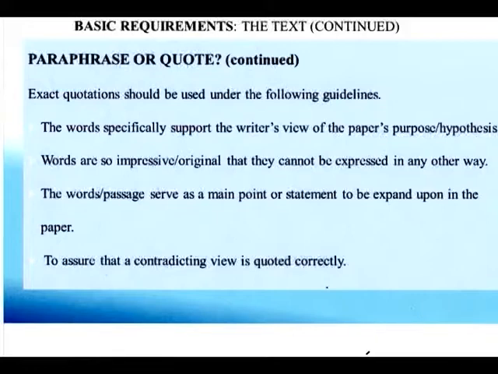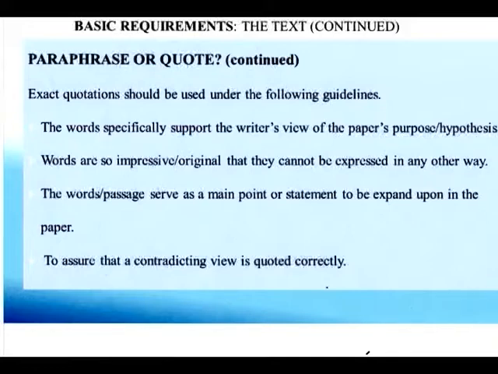So, you can read something, you say, you know what? The way that the author has worded it specifically supports what I said I was going to prove in my introduction. This supports my hypothesis. Then you would use that quoted material. Or the words are from an authority who backs up your view.